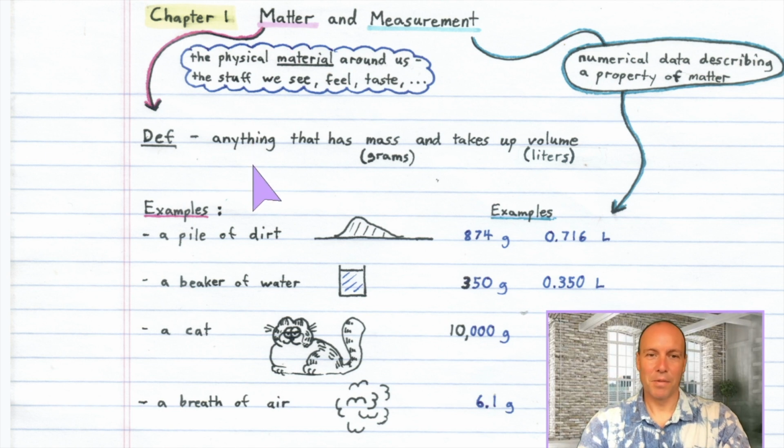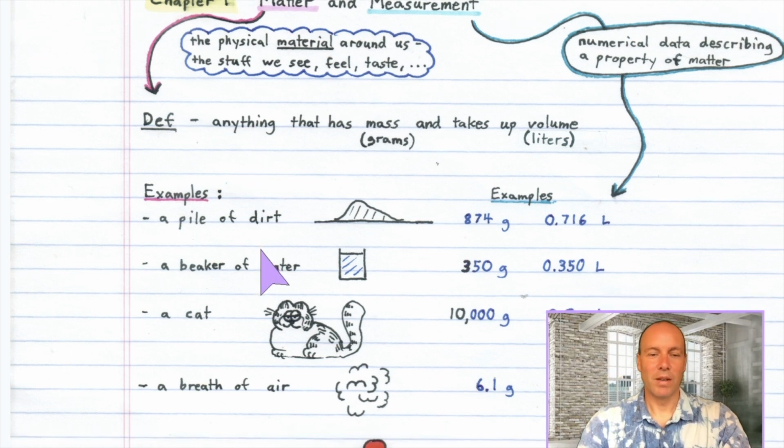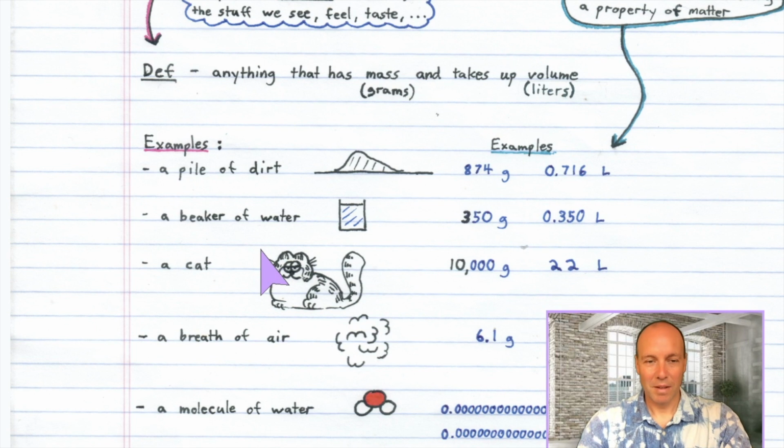There's lots of different types of matter. We can list millions of examples, but here are a few. A pile of dirt. So here's a pile of dirt on a table or on the floor. Dirt has a certain amount of mass. So suppose that this pile of dirt weighs 874 grams, and it occupies a certain amount of space.